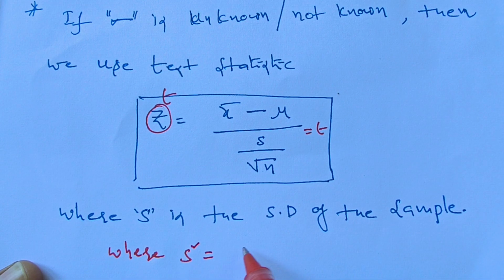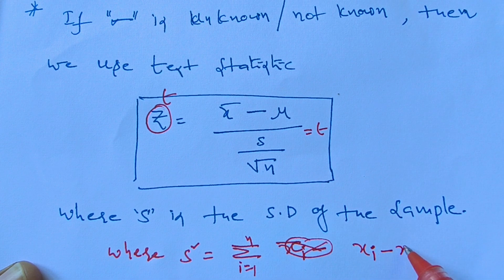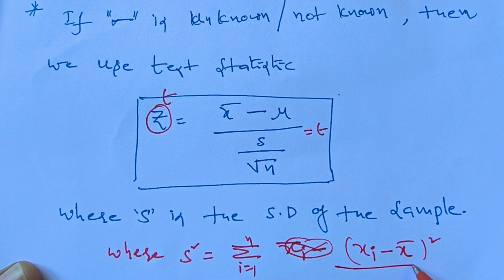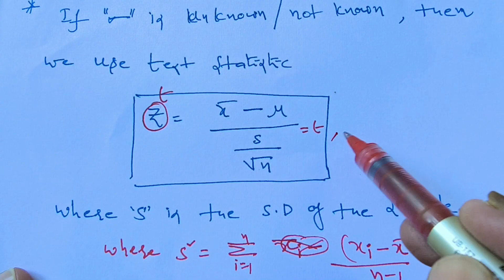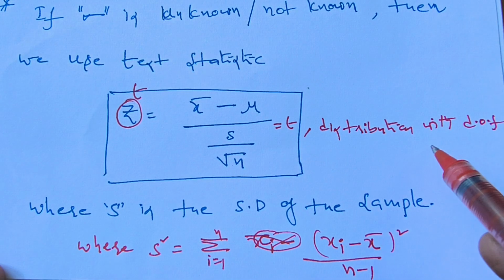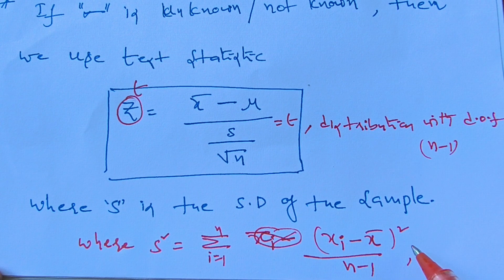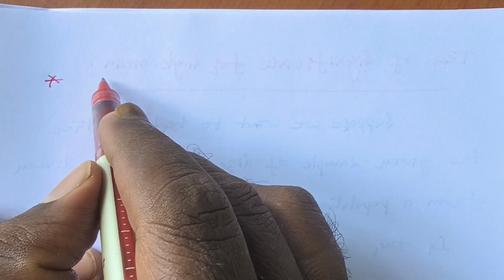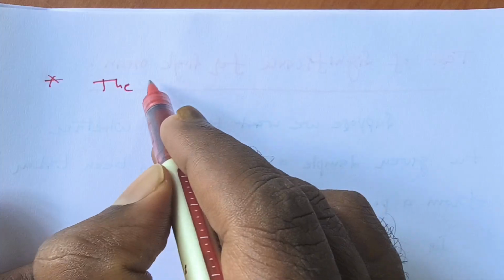Here s square is the variance of the sample: s square equals the sum from i equals 1 to n of xi minus x bar whole square, divided by n minus 1. This is the variance formula for a sample, and here t is the t distribution with degrees of freedom n minus 1.